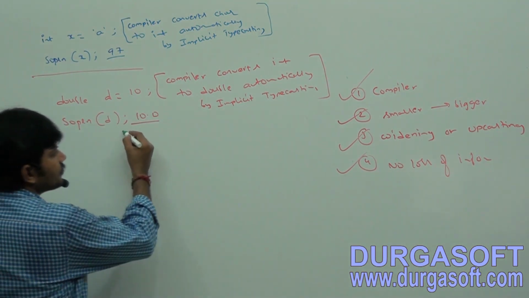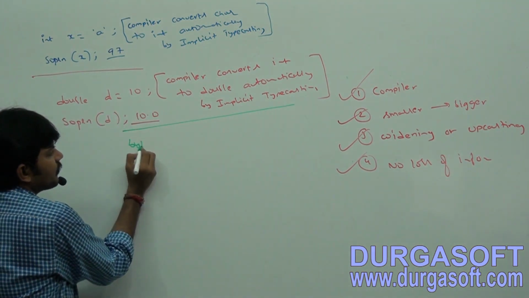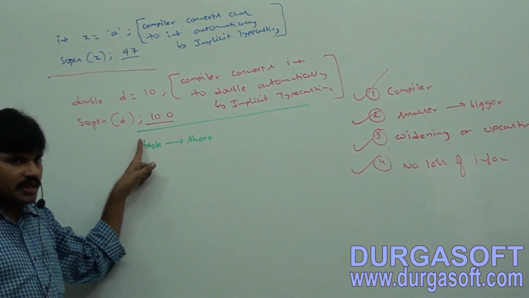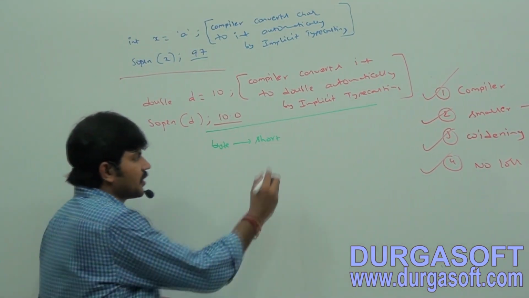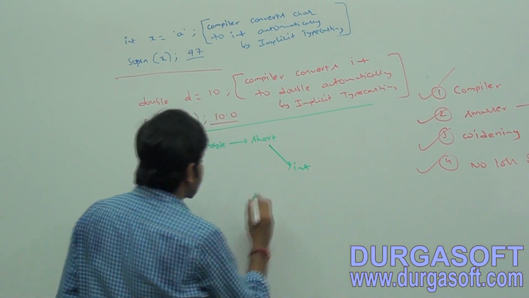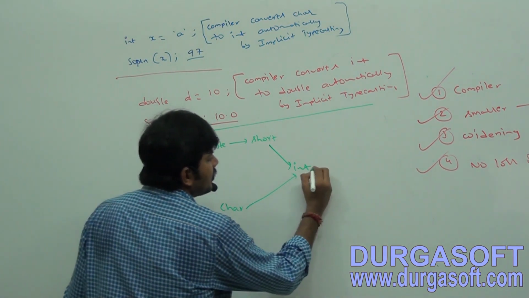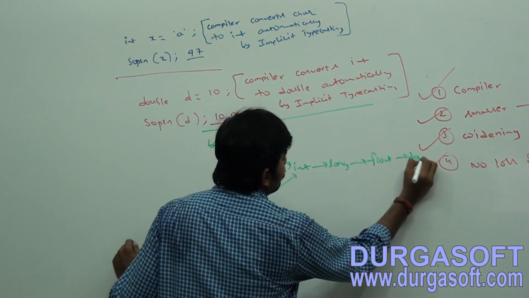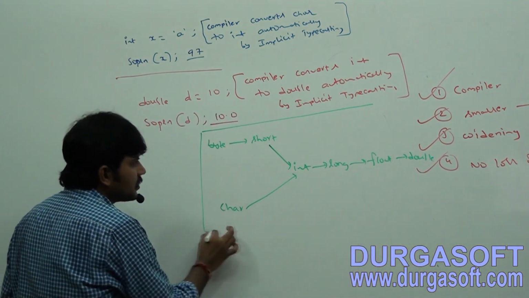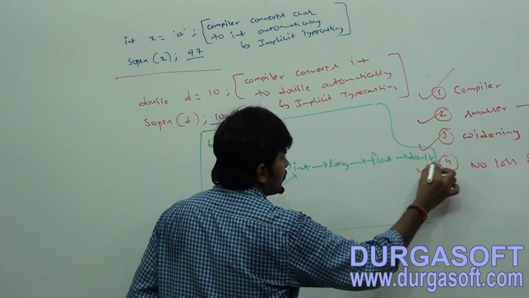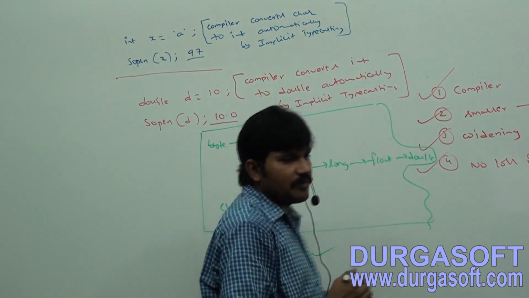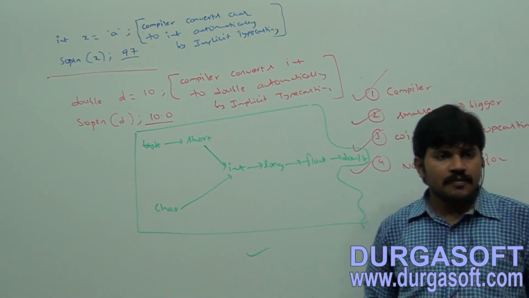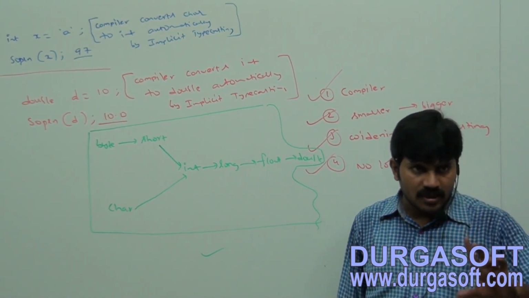Here, byte to short, 1 byte to 2 bytes, yes, implicit typecasting. Short to int, char to int, int to long, long to float, float to double. These are various possible conversions where implicit typecasting will by default be performed.